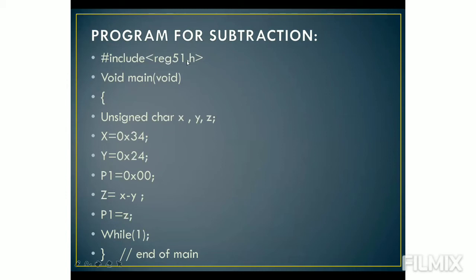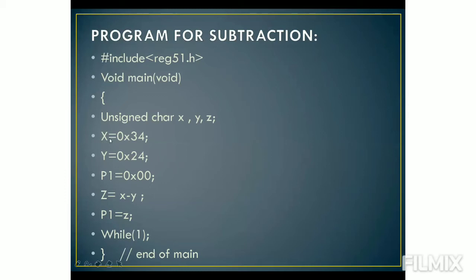Hash include reg51.h. For initialization purpose, we are using hash include reg51.h, void main void. Open curly bracket, unsigned character x, y, z. This indicates declaration of 8-bit variables. Here we have used 3 variables x, y, z.